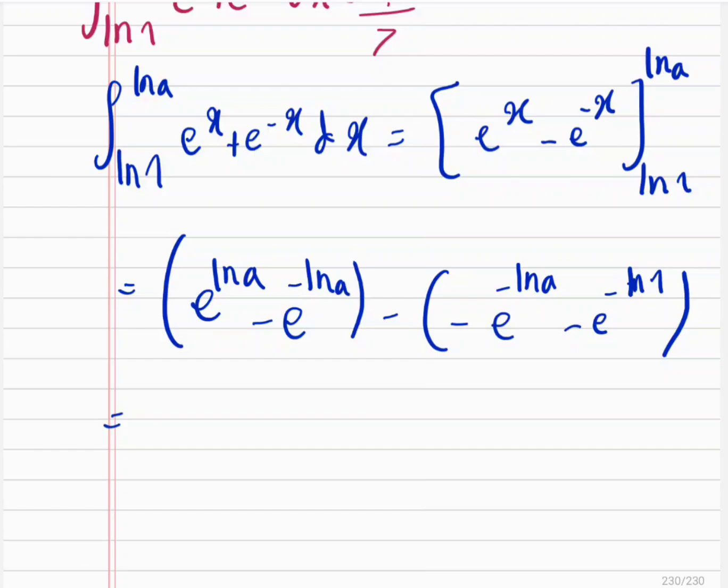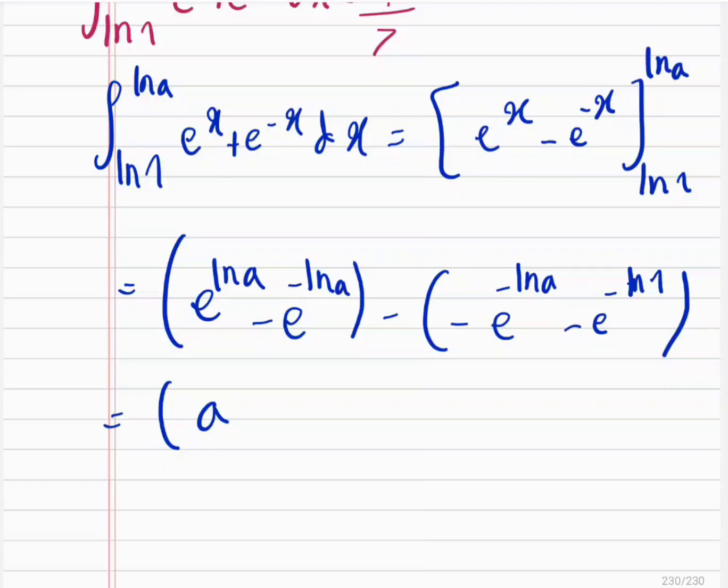First of all, e to the ln a. Remember that ln is the inverse function of the exponential function, so they just cancel each other out. So e to the ln a is simply equal to a. And then here we have e to the minus ln a.